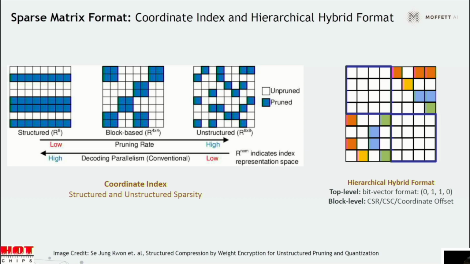With structured sparsity, the decoding parallelism is very high, while unstructured sparsity is very difficult to decode in a highly parallel way. So basically, there's a trade-off between accuracy and decoding speed for this kind of block-level sparsity.